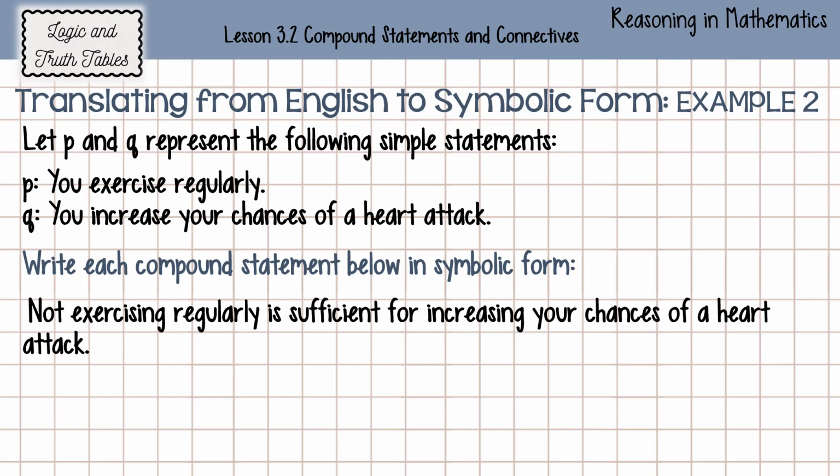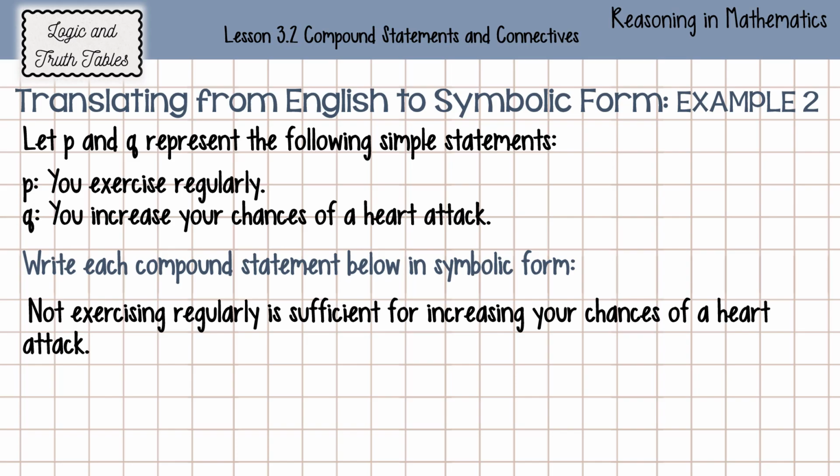Translating again, P and Q have changed. P is you exercise regularly. Q, you increase your chances of a heart attack. So we are using those two simple statements to create a symbolic form for the statement that's given.